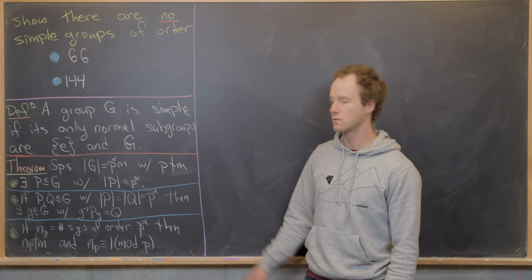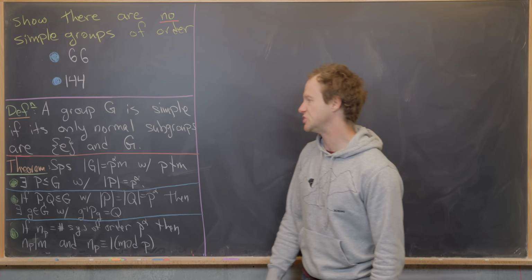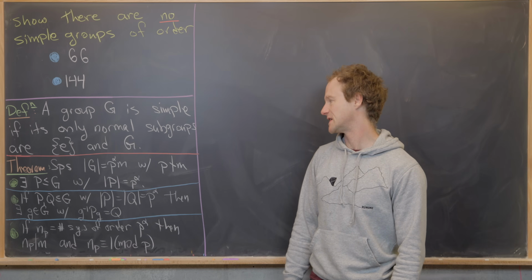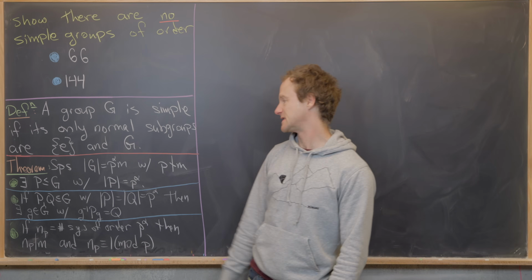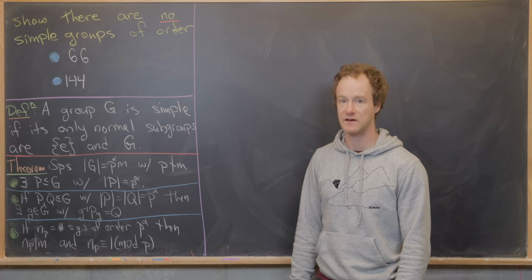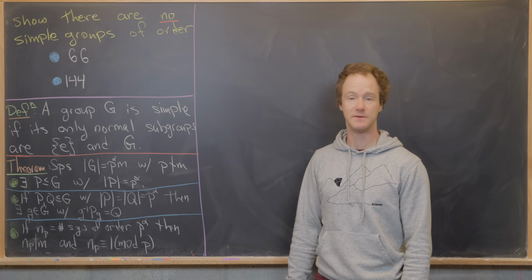And I'll also recall Sylow's theorems. Let's suppose that the order of G is equal to p^α times m, where p is a prime and α is the largest power of p that divides the order of G. In other words, p does not divide m.